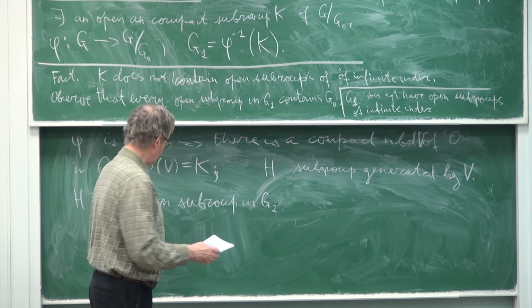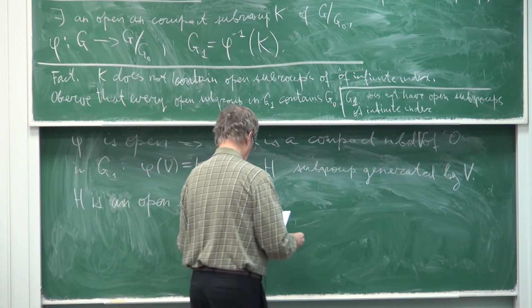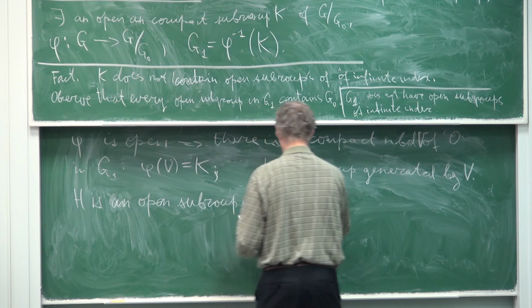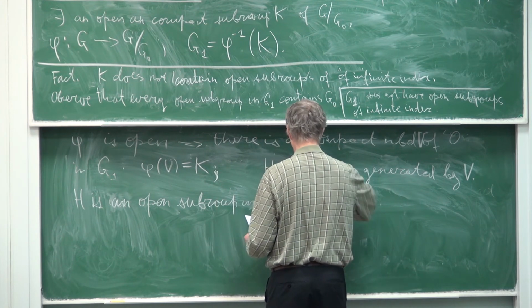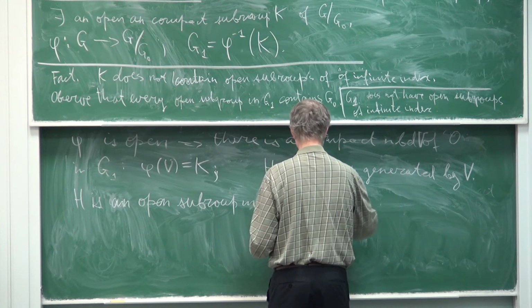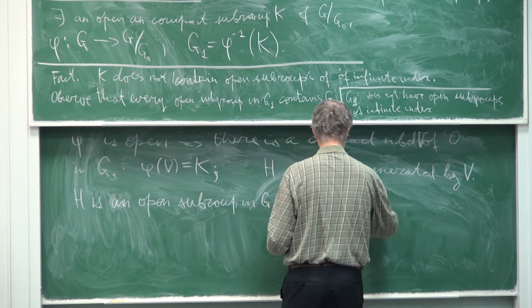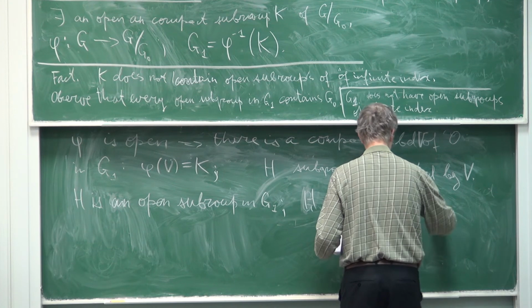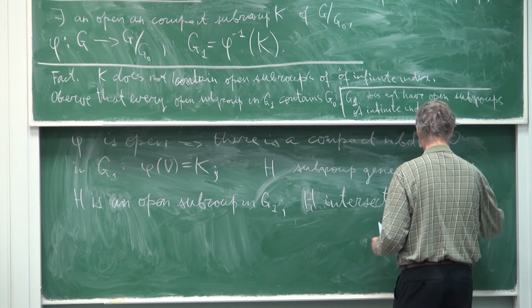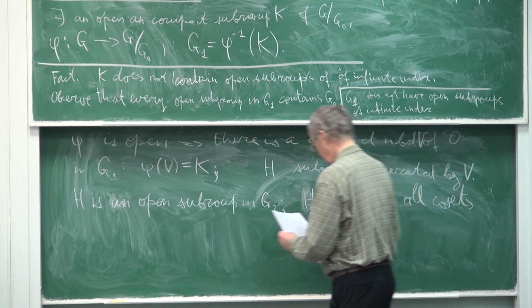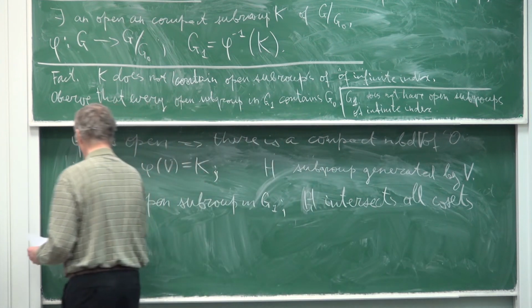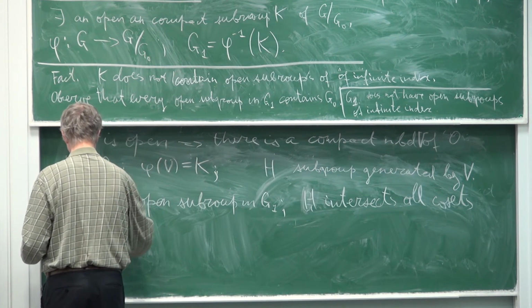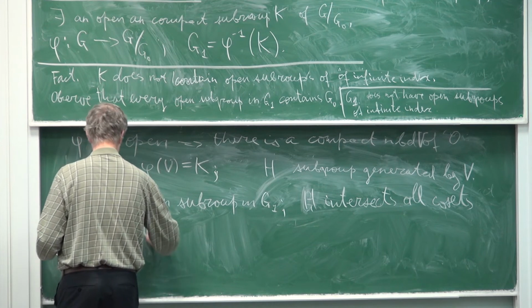And also, H intersects all cosets of G0 in G1.